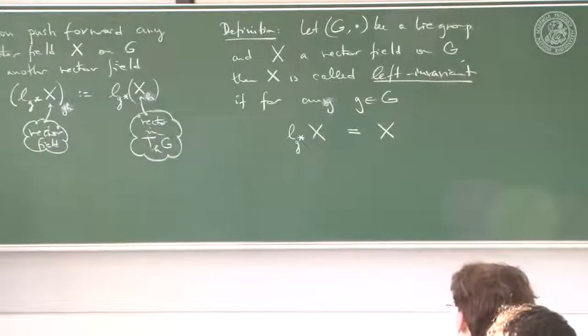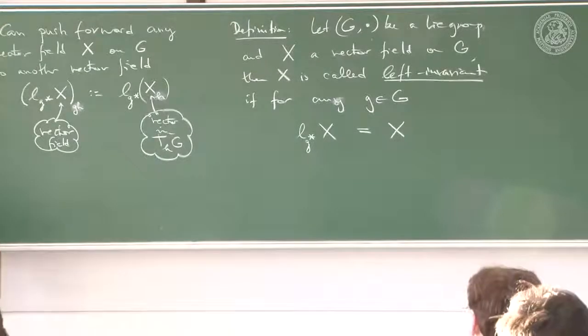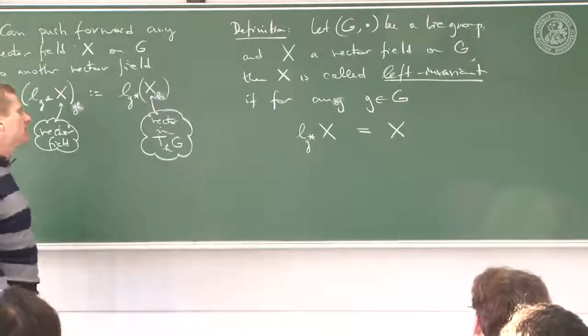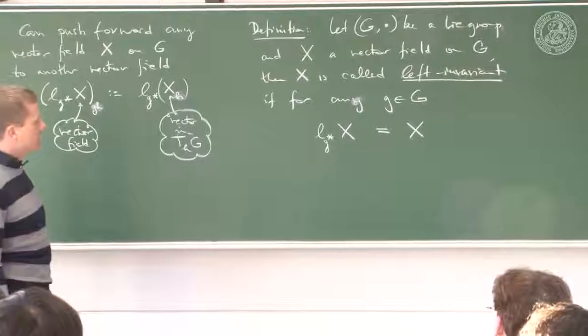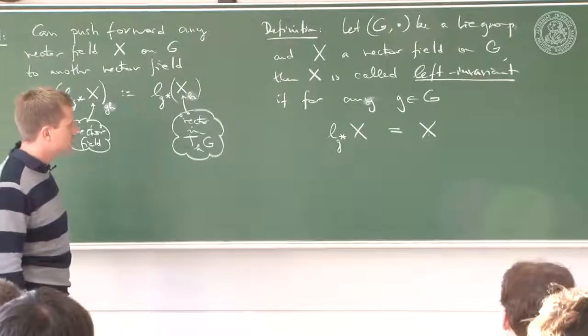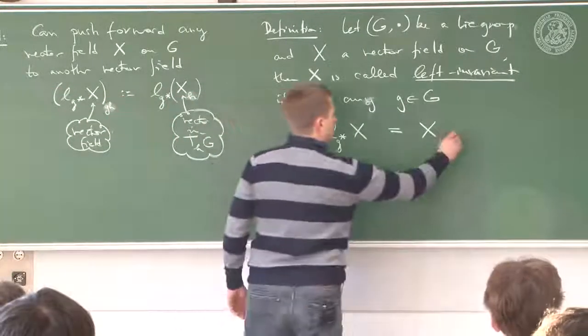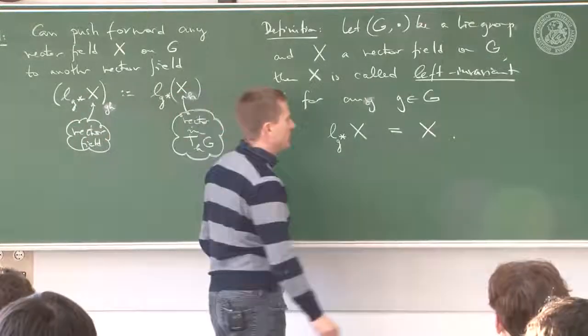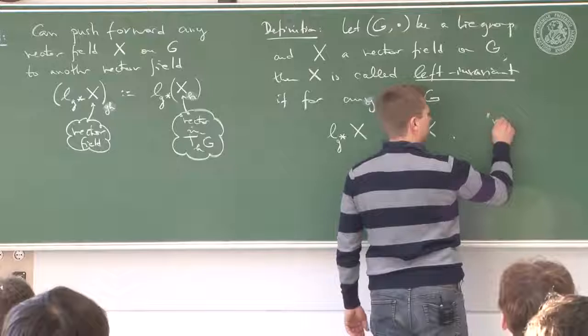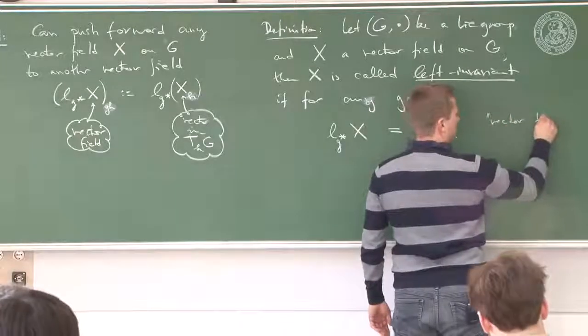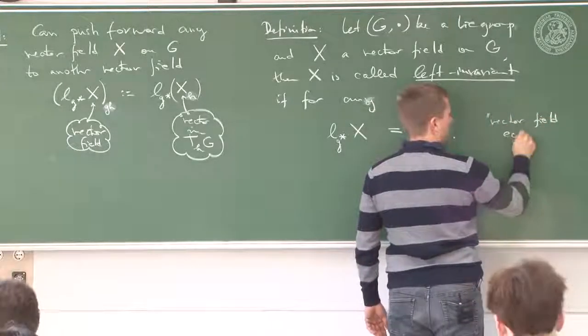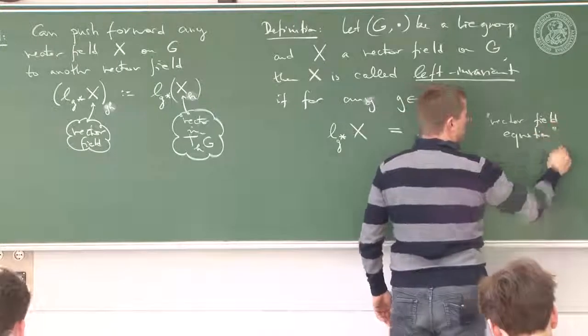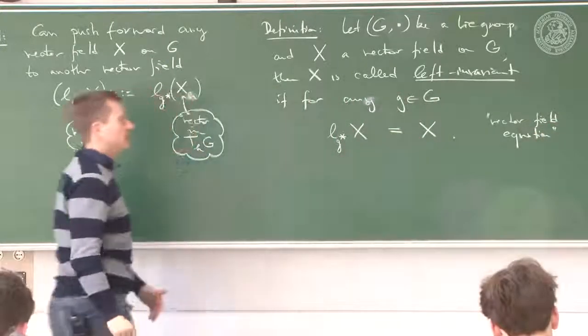Nothing changes. It's left invariant. It's invariant under the push forward that's induced by the left translation. Now, that's the formulation as a vector field equation. So let me say here, this is the vector field equation, since on the left and on the right you have a vector field.